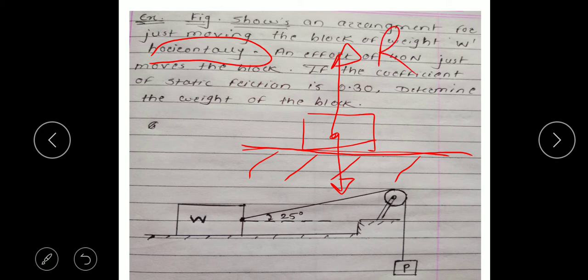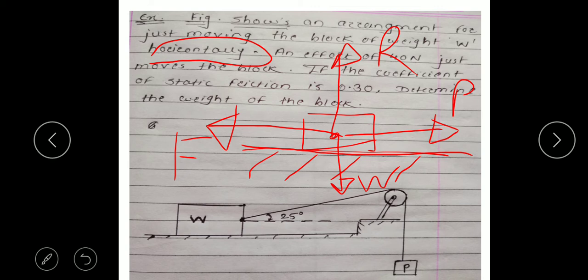This will be R, and the bottom one will be W. If the body is going to move to the right side due to the applied load P, then the frictional force will develop in the opposite direction, so this will be F. This is about type A.